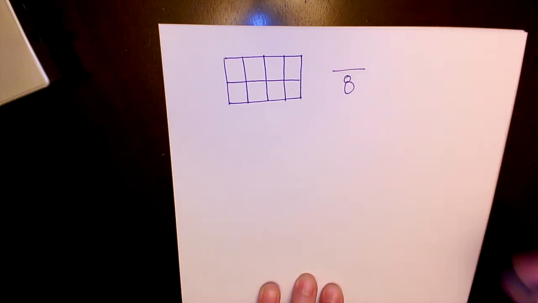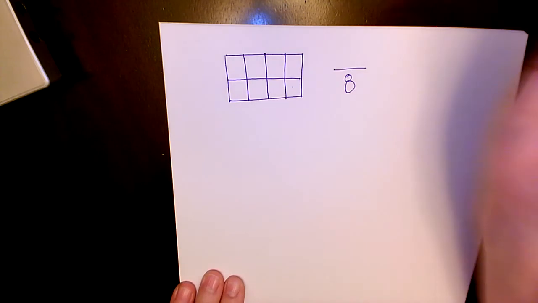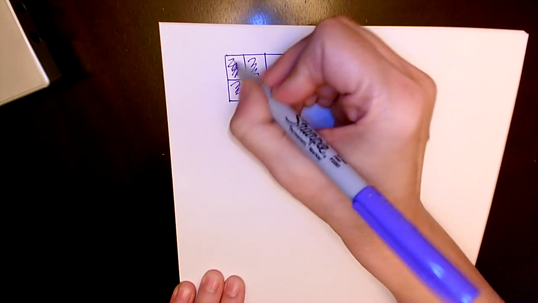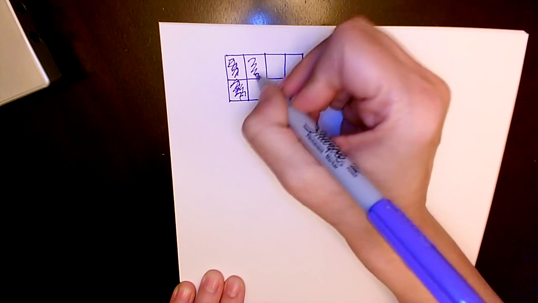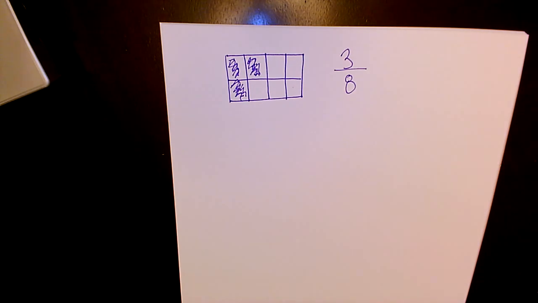Nice. And I wanted 3 shaded, right? I wanted 3/8. Pick any 3. It doesn't matter. 1, 2, 3. The shading doesn't have to be perfect either. Okay. So that's a picture of 3/8. If I wanted a picture of 7/8, how many am I going to shade out of the 8? I'm going to shade 7. Okay. Good so far?